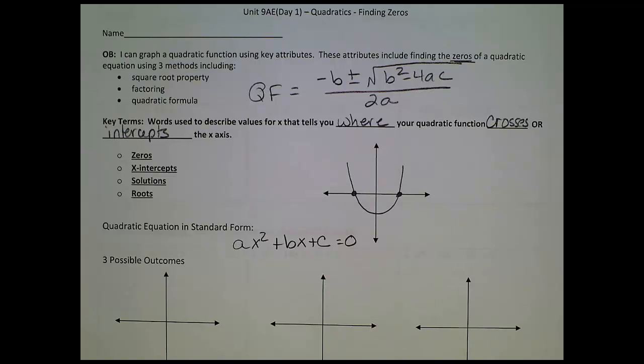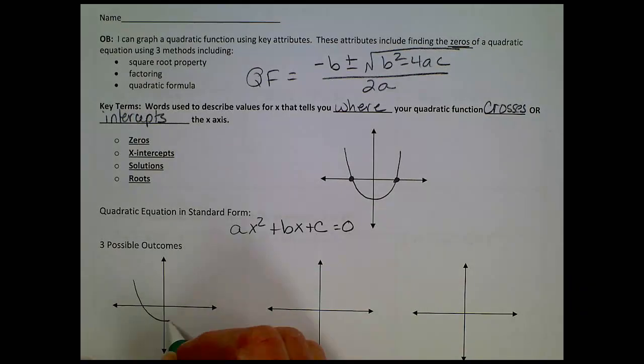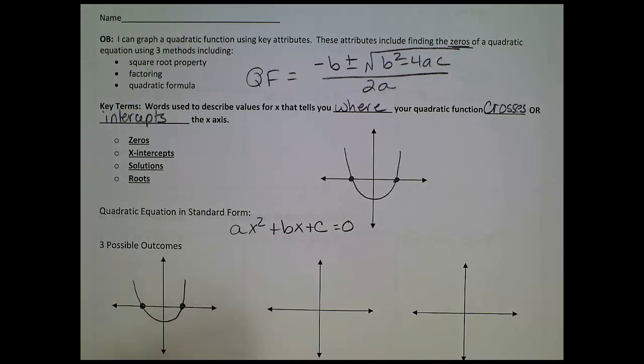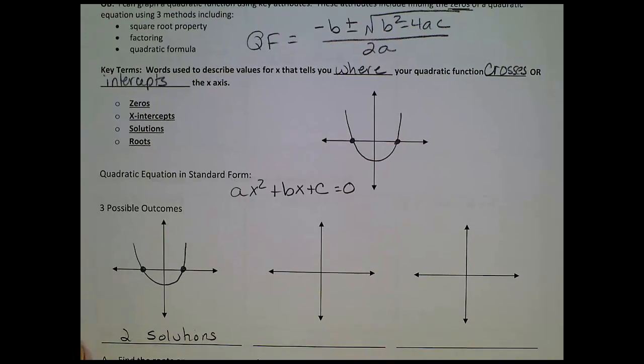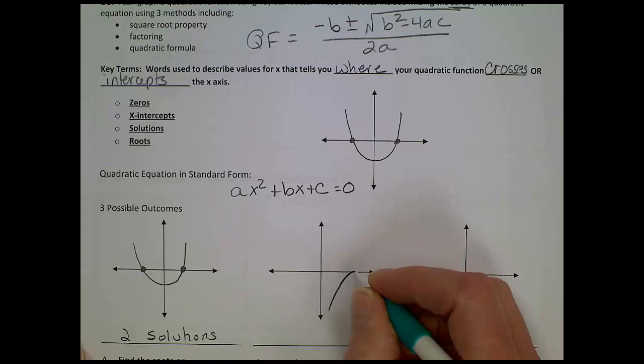Three possible outcomes when you are graphing quadratic equations. You may cross the x-axis twice and have two solutions. Or you may come up, touch the x-axis, and go back down.